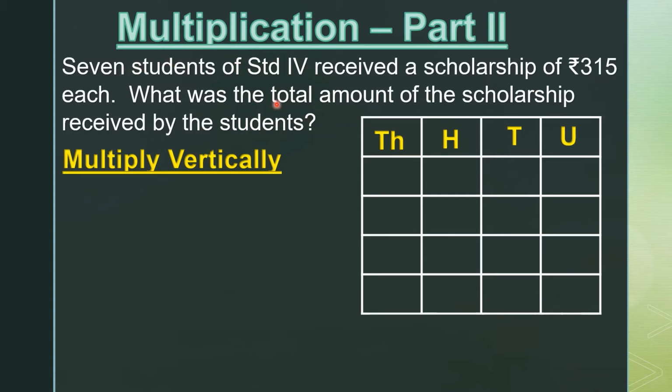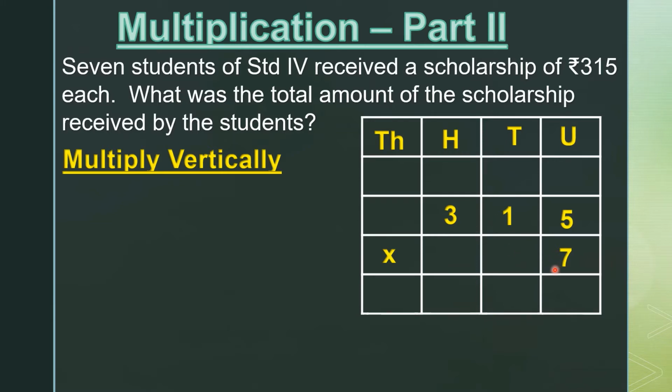So first we write 315: 3 in hundreds column, 1 in tens column, 5 in units column. We write the multiplication sign and 7 in units place. We have left one full row to write the carry forwarded numbers.